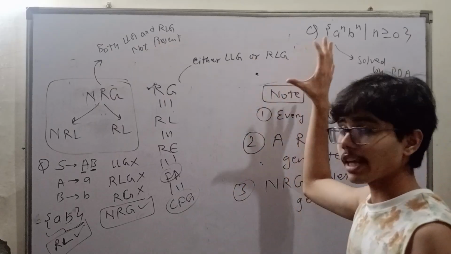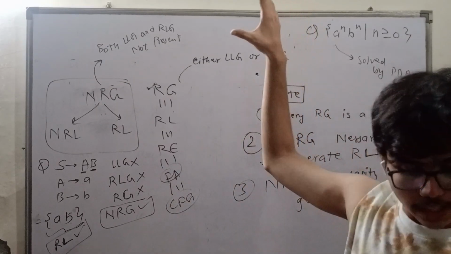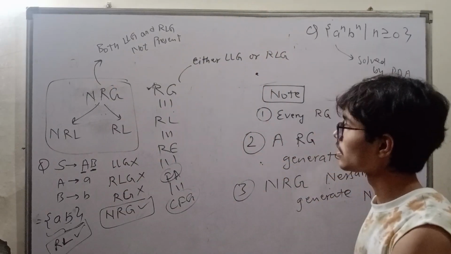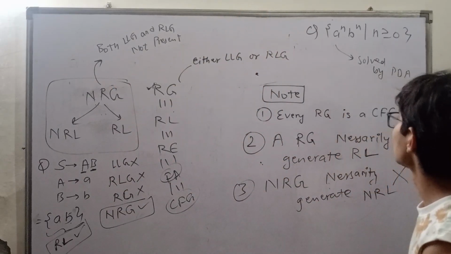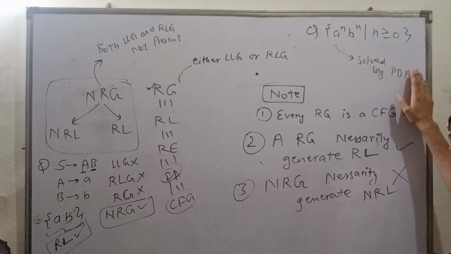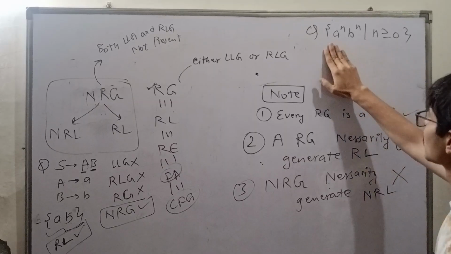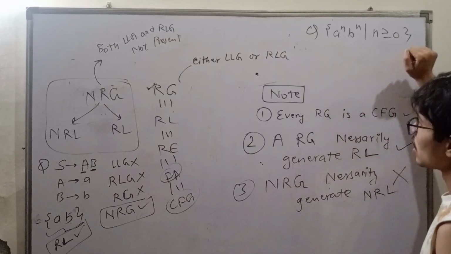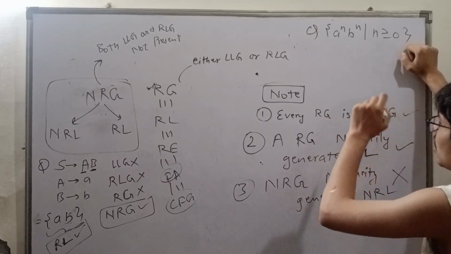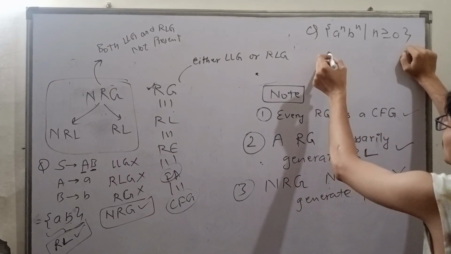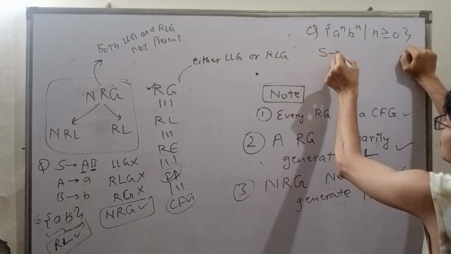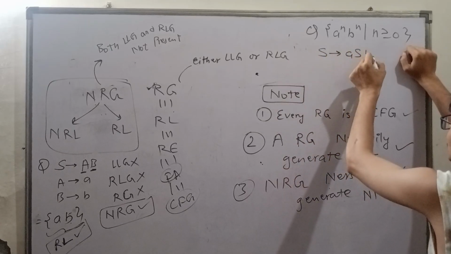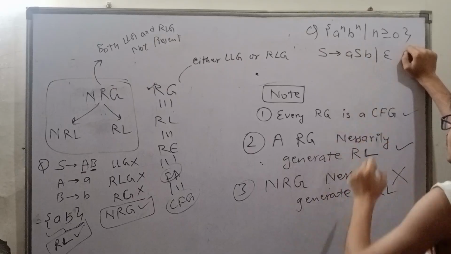Okay, but can you write its equivalent grammar also? Yes, I can write. How can we write this? This is written as S → aSb | ε.